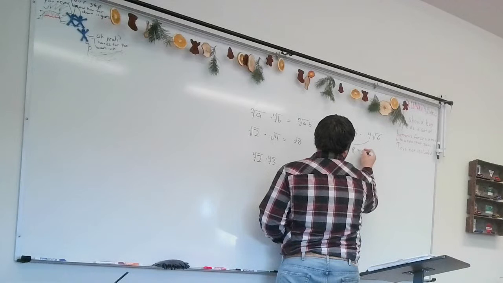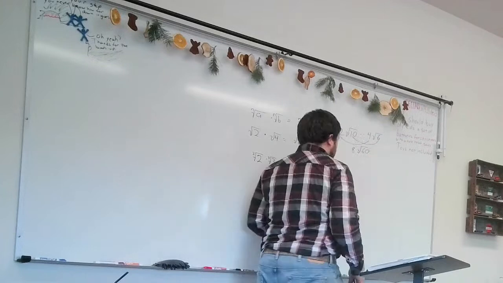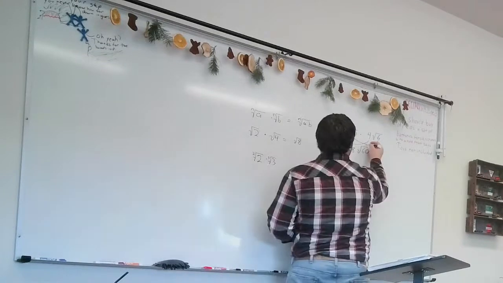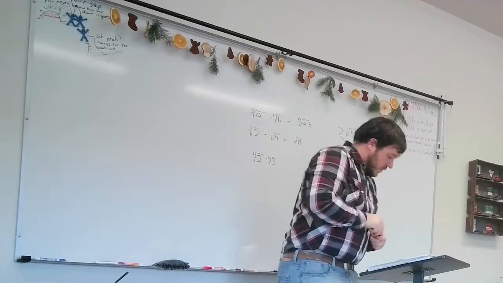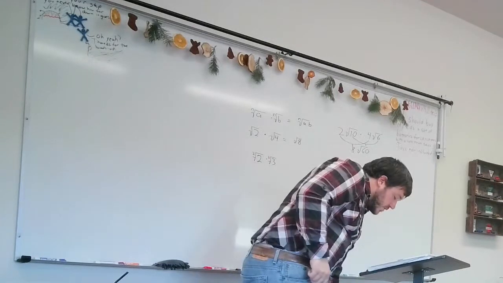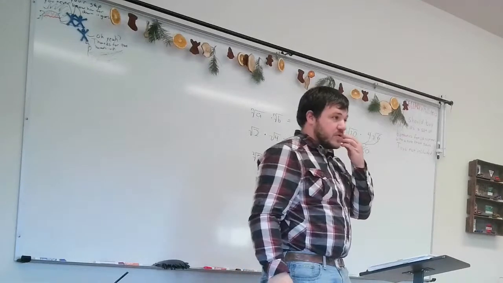And then under the radical, we multiply these numbers and we get 60. Right? So that's what's going on here. So number 5 would be 6 times the square root of 18.